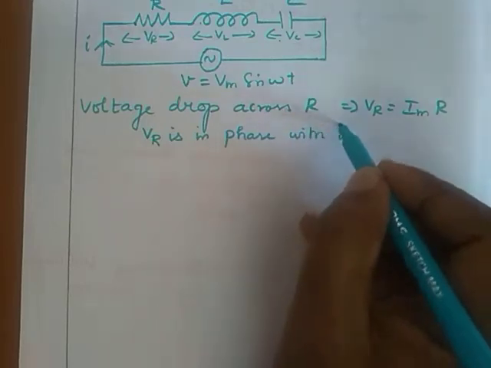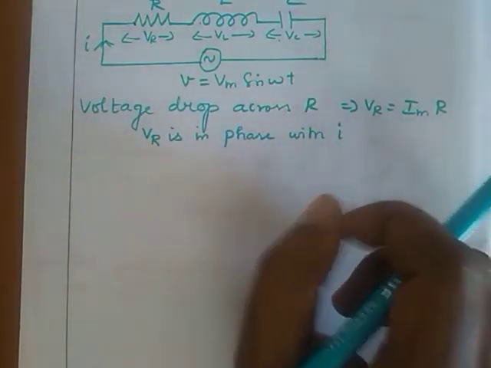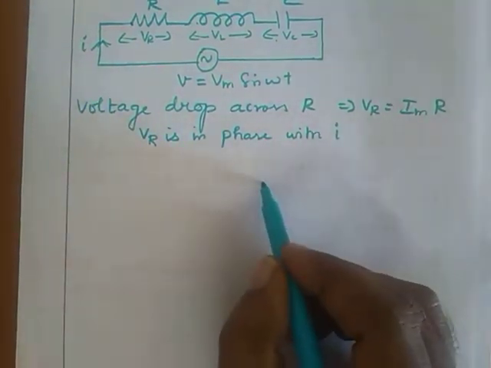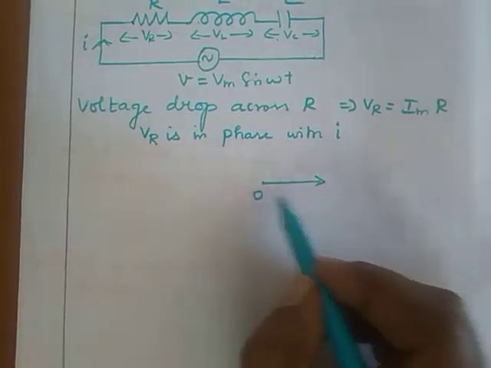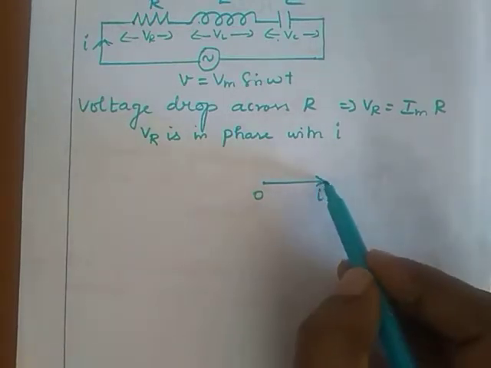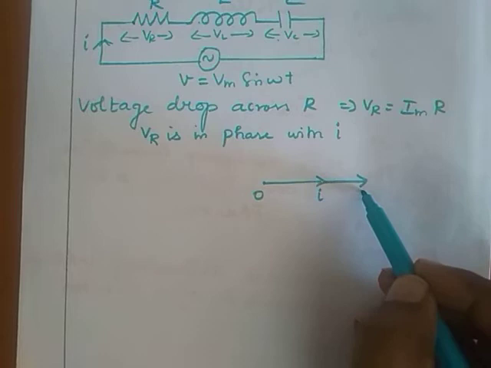For this we can draw the phasor diagram. Here current is the reference, so this one is current I. Then this one is the voltage, that is VR.